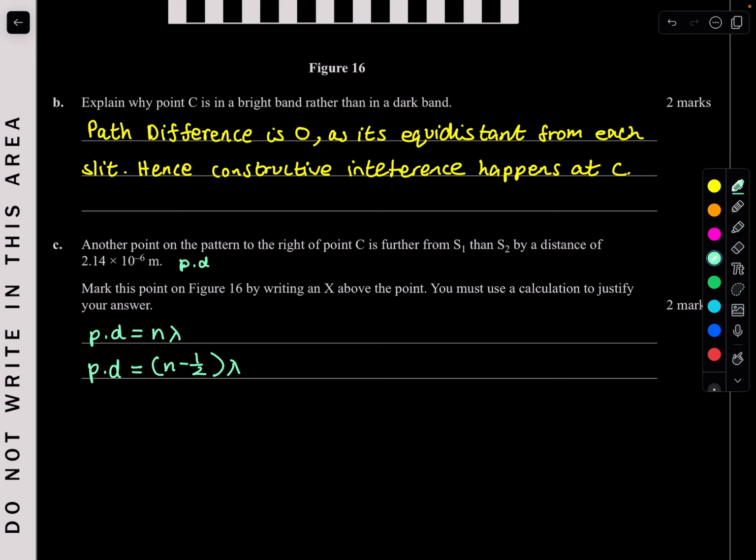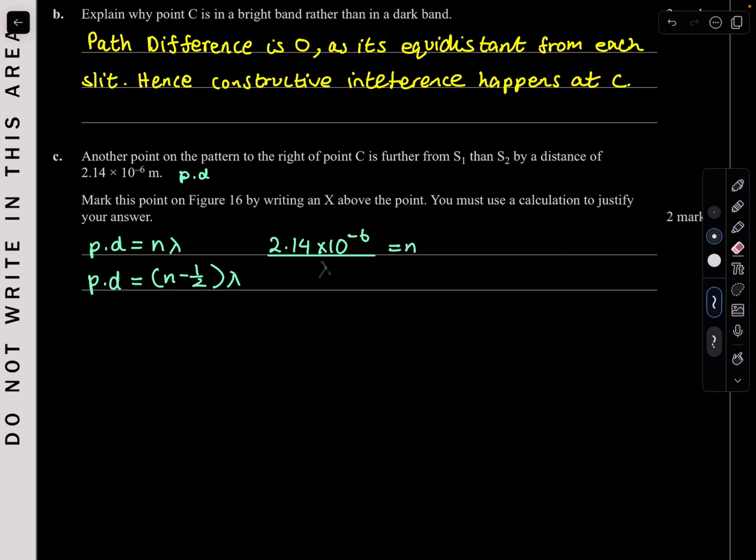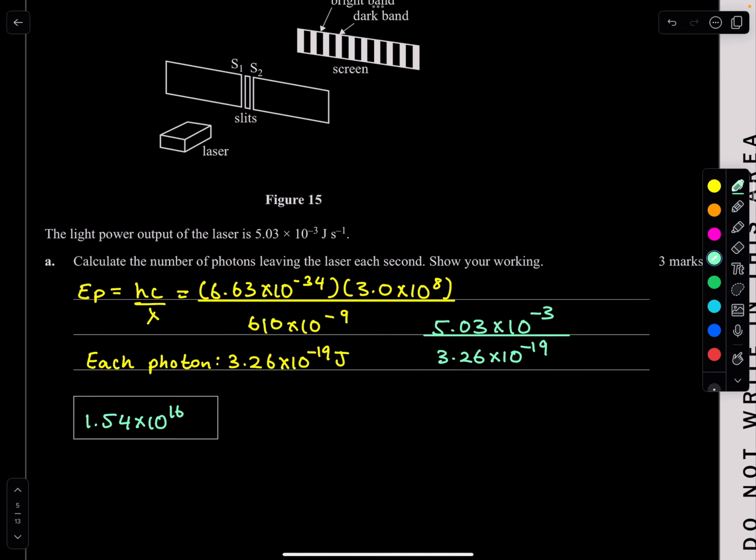The way you would determine it is by the n value. So let's try the constructive interference. Sub that in there: 2.14 times 10 to the negative 6 divided by the wavelength. What is our wavelength? That's going to give us our n. Didn't I tell you? 610 nanometers.